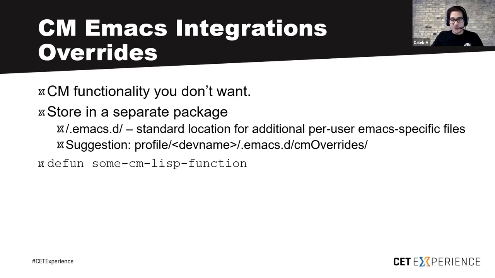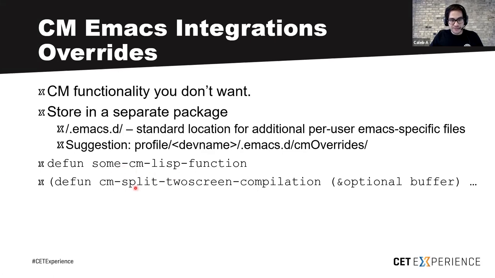I've done this for two different functions in particular because it kind of made me feel a little dirty doing it this way, but this was the only way that I could get it to work because of this function right here. This CM split two-screen compilation splits your compilation window pair off onto a separate frame.